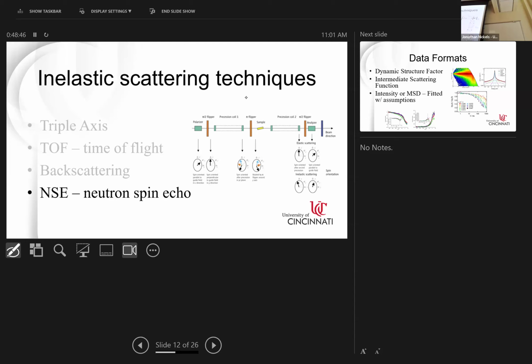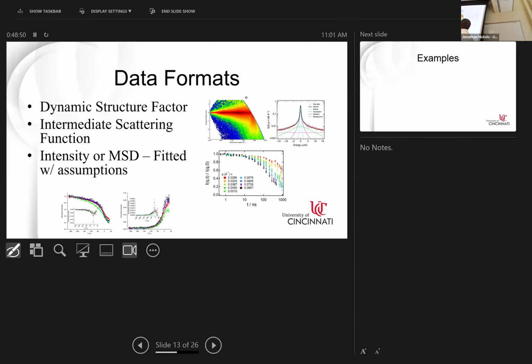So a time of flight instrument spectrum might look like this: this axis might go on forever, until you start overlapping your next band. The loss side is up, and you can only lose as much energy as you had.